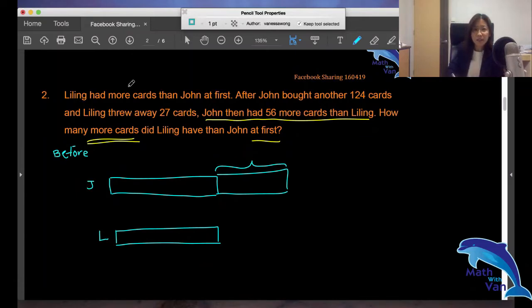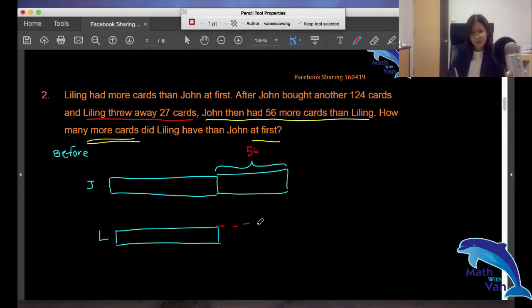Let me use another color here. We are told that Li Ling threw away 27 cards. Did she throw away 27 cards at first? No. So I'm going to add, oh sorry, I forgot to indicate 56 here.